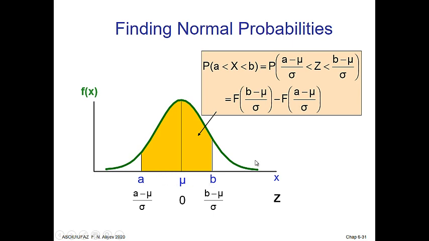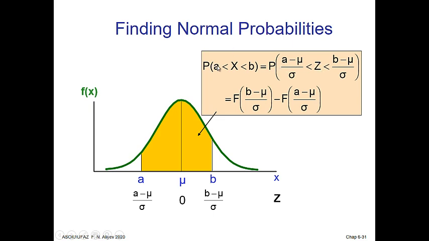In order to find this probability, we need to transform this normal distribution to the standardized normal distribution. Therefore, we will change all points of this distribution of x to the standardized normal distribution using the formula. If you turn x to the standard normal distribution, you denote it as z.